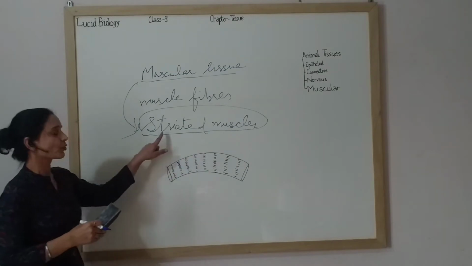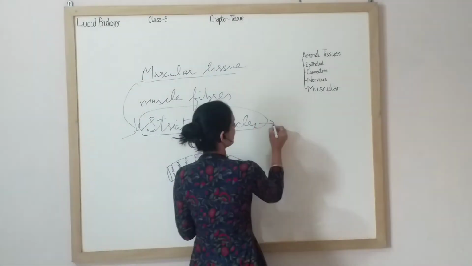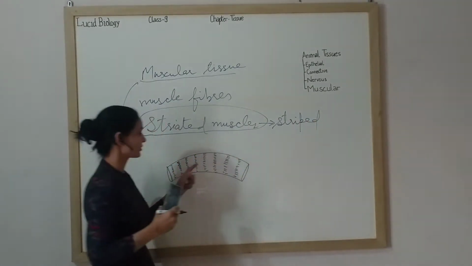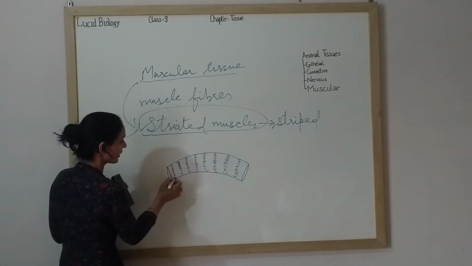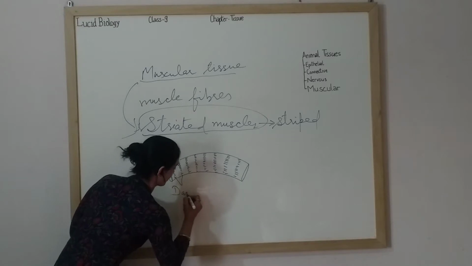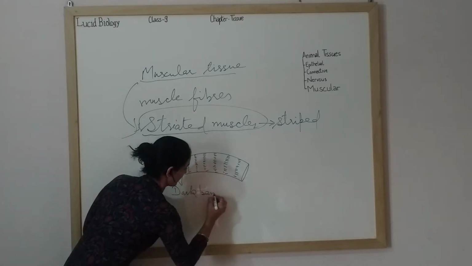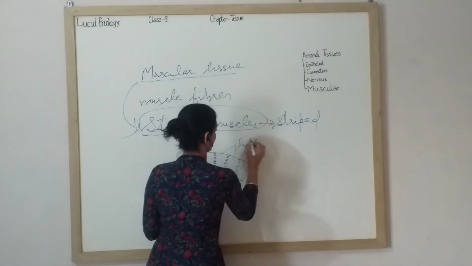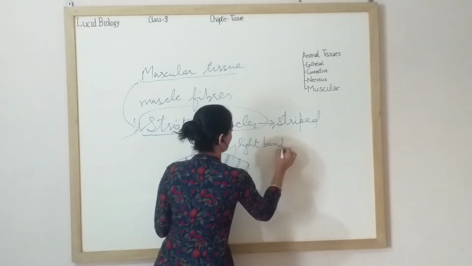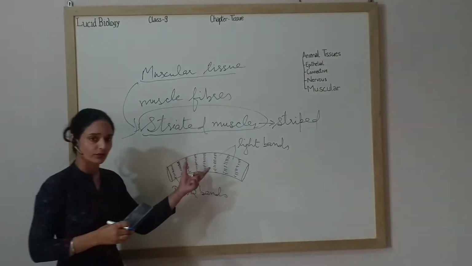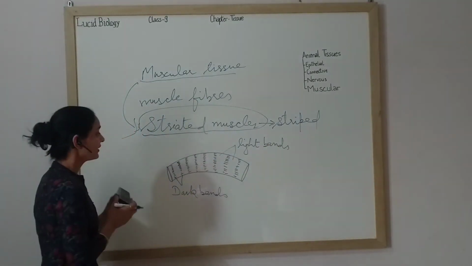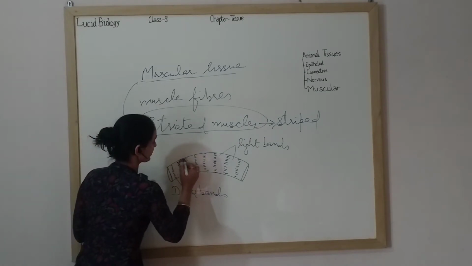So striated muscle is also called striped muscle because it shows striation. These are dark bands, and in between you see light bands. Or we say they show striation, due to which they got the name striped muscles. Okay, and they have peripheral nucleus. They are multinucleated.